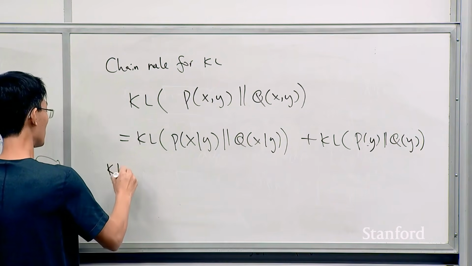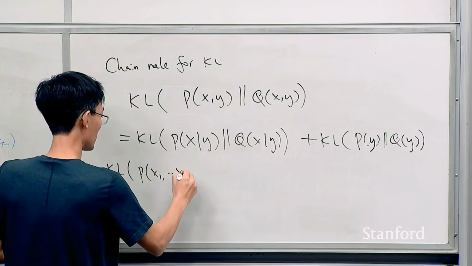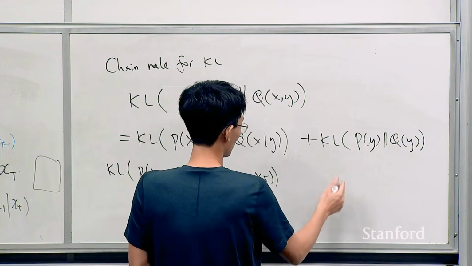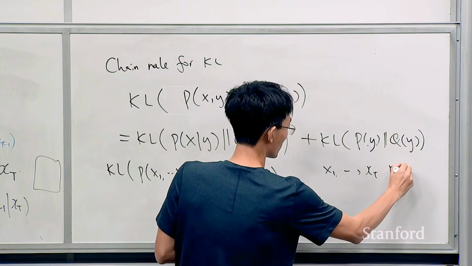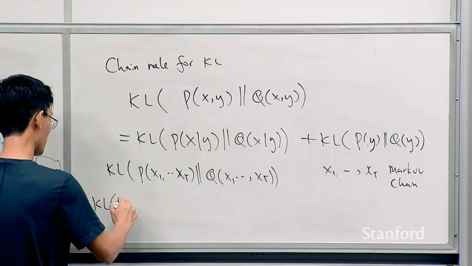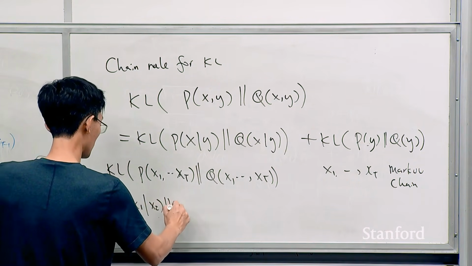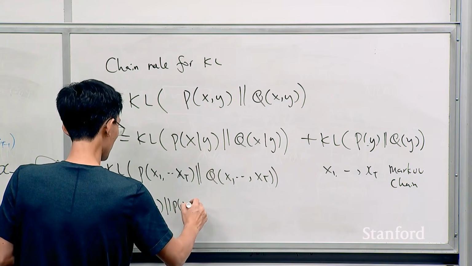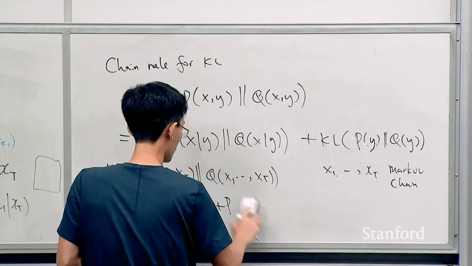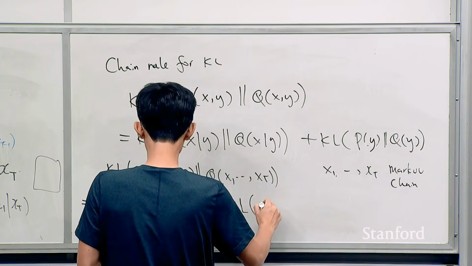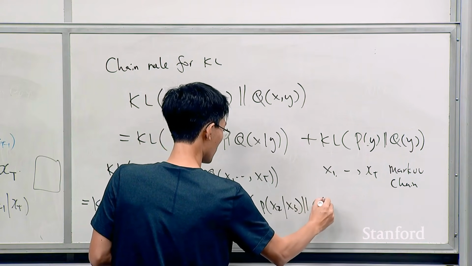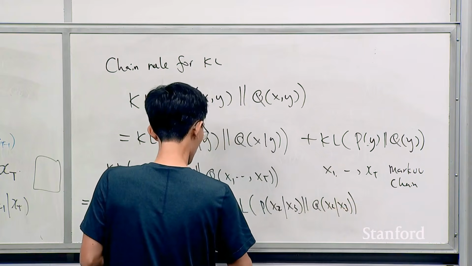And similarly, if you have KL between a sequence, x1 up to xt, for q, x1 up to xt, and let's say, suppose x1 up to xt is a Markov chain, and both p and q are, then you can do this chain rule where you can write it as p of x1 given x2, and so on.